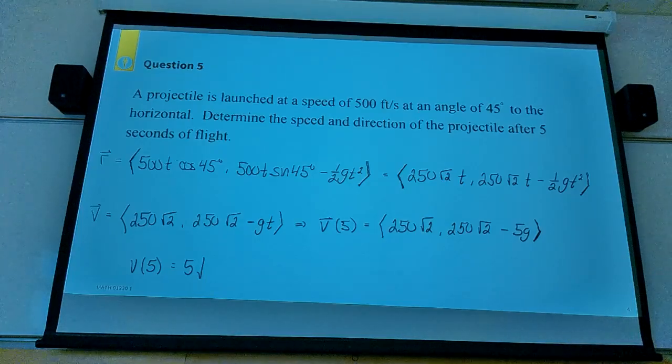Times 2. 50 root 2 times g times 2. And then just plus g squared.